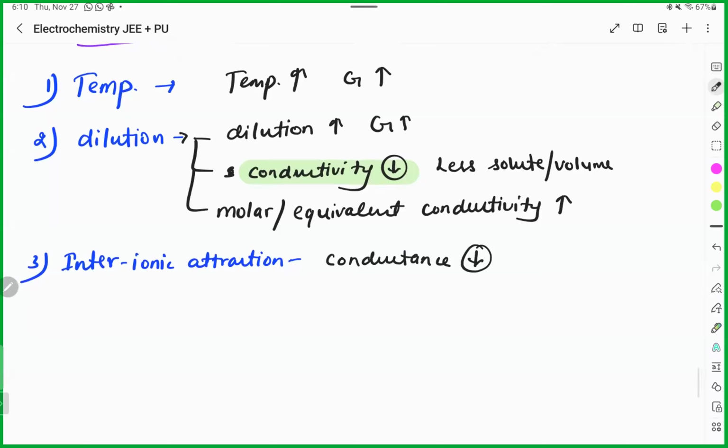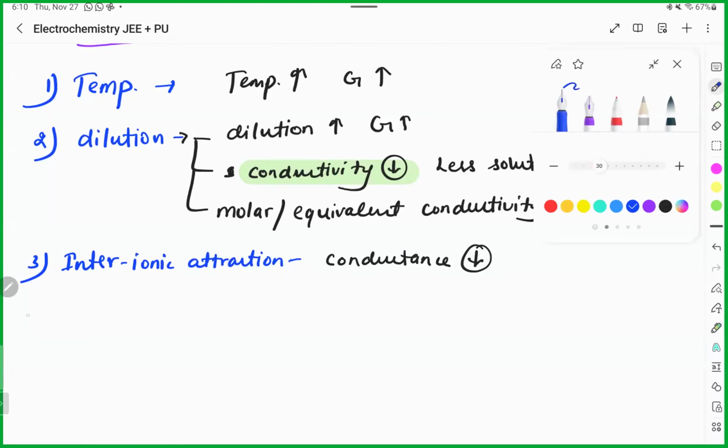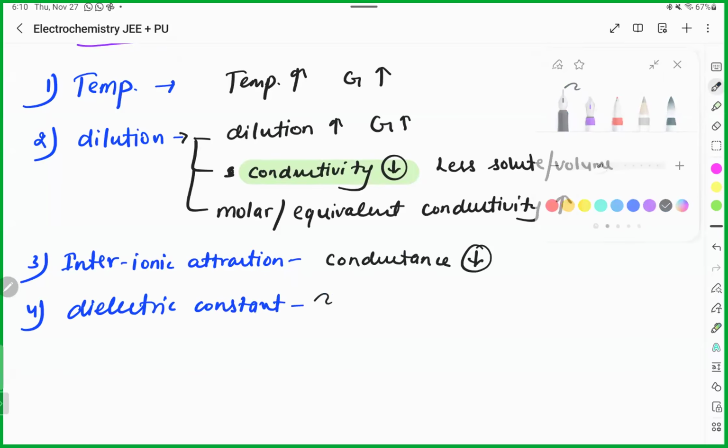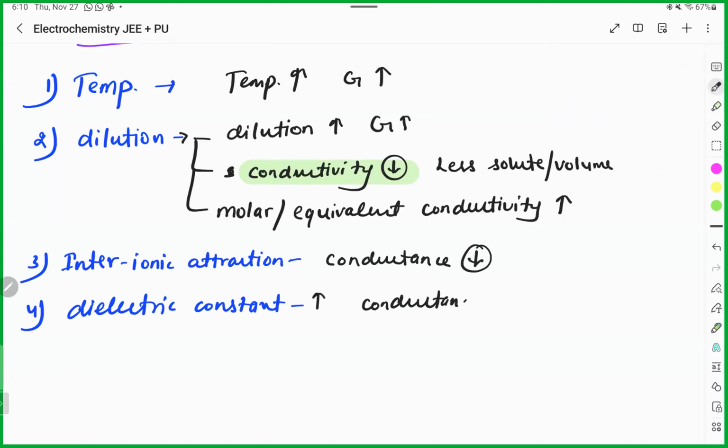What is the impact of the polarity? If the solvent has a high dielectric constant, what will be the impact? Sir, more conductance. How? Conductance and conductivity are usually opposite to each other.